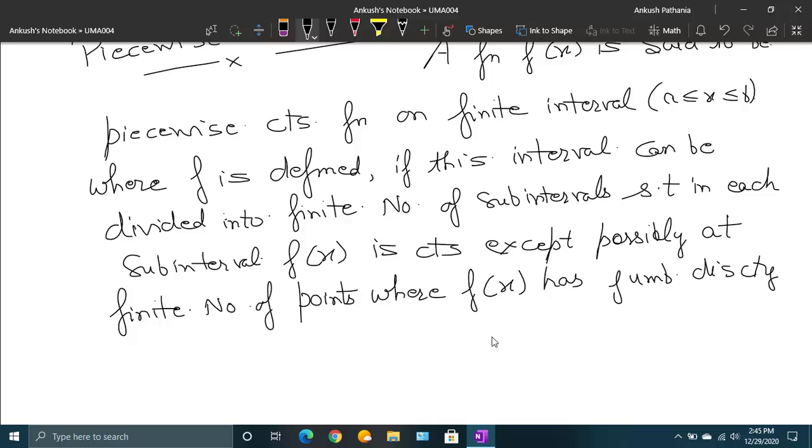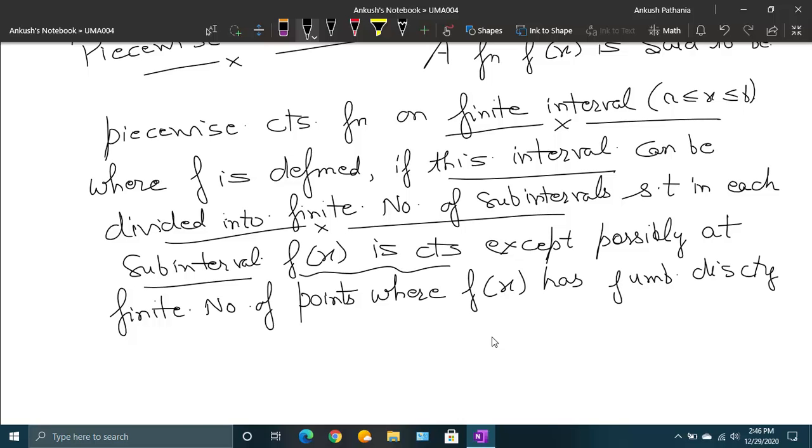So, a function is said to be piecewise continuous on some finite interval if this interval can be divided into a finite number of subintervals, such that in each subinterval f(x) is continuous, except possibly at a finite number of points where f(x) has a jump discontinuity.